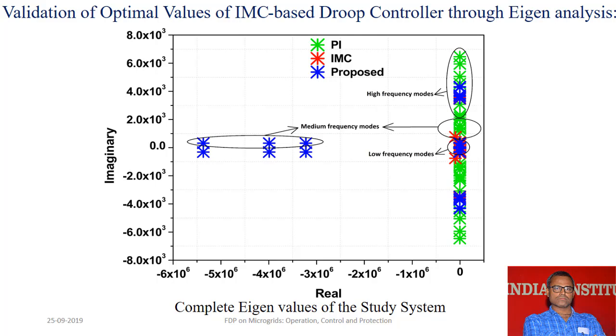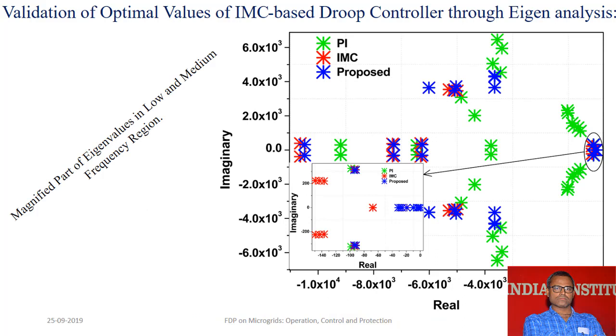For that also a similar process flow was followed, right? For the IMC controller this is the complete eigenvalue study, and this is the magnified part, and here the comparison is given for PI, IMC and proposed. The proposed controller is IMC with optimization.